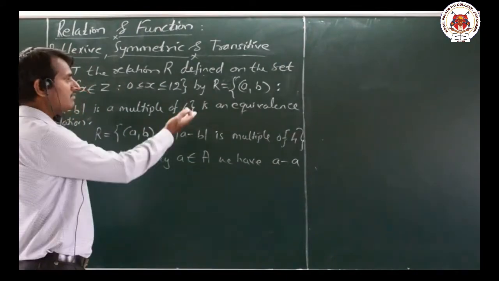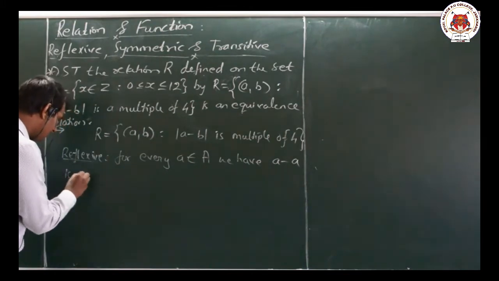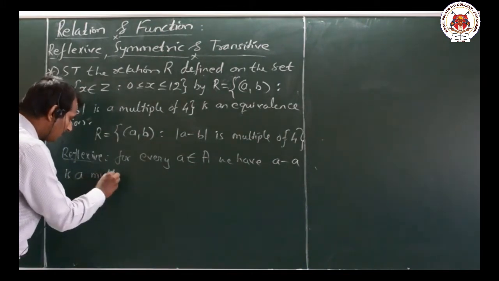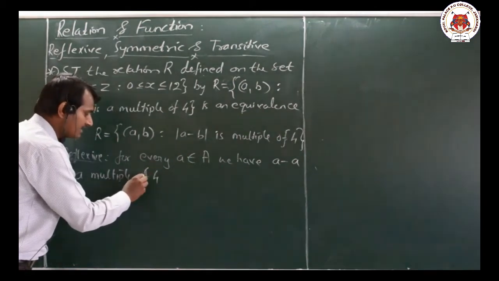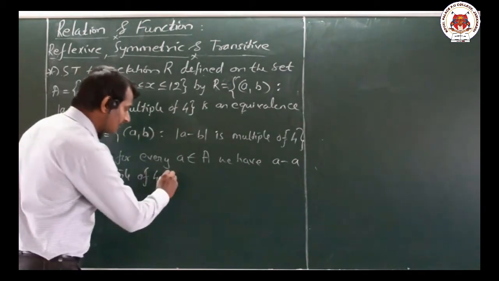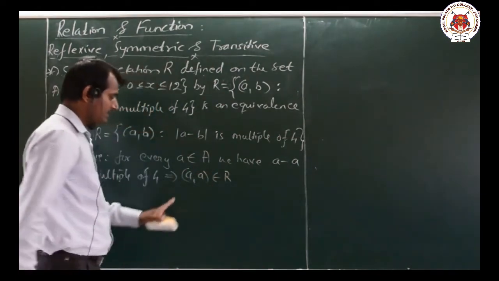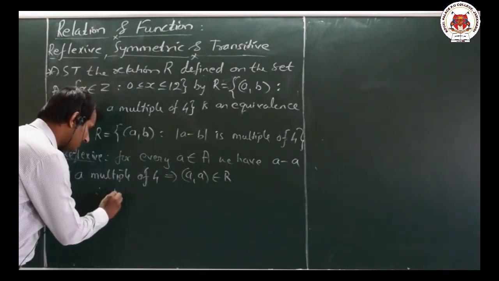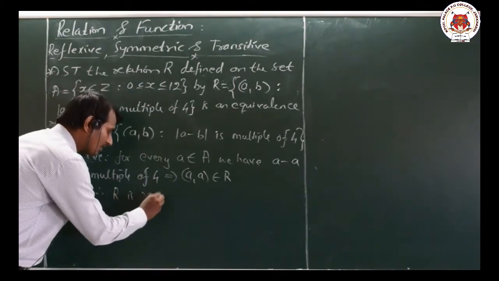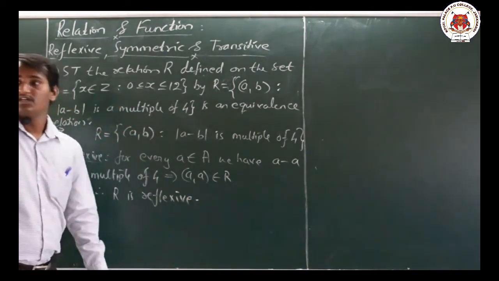Again 0 is a multiple of 4, 0 into 4 is 0 only. So a minus a is a multiple of 4. That means we can say a comma a belongs to R. Therefore R is a reflexive relation.